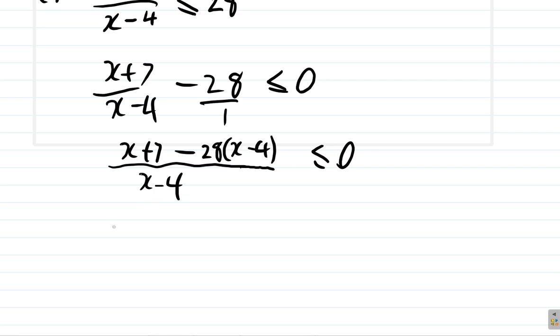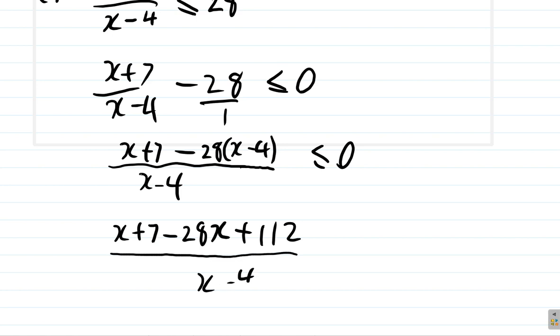Alright. So x plus 7 minus 28x. Multiply negative 28 by 4 gives you a positive. 4 8s are 32, bring down the 2, 4 2s are 8, 9, 10, 11, 112. So over x minus 4 is less than or equal to 0.